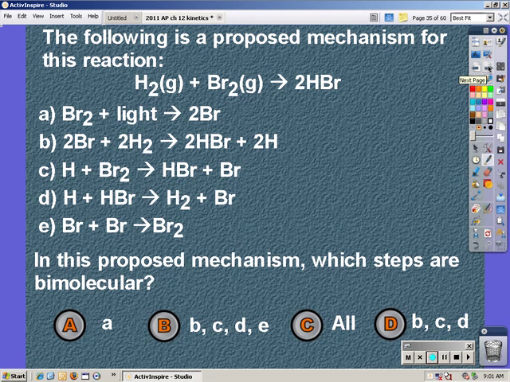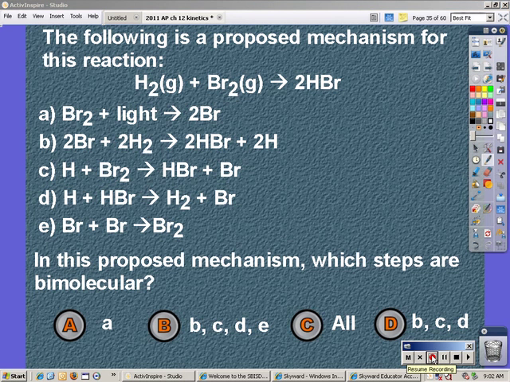All right, go ahead and pause the iPod and try this one on your own. Figure out which steps are bimolecular. All right, so the first one is unimolecular because you just have bromine reacting with light, and light's not a molecule.